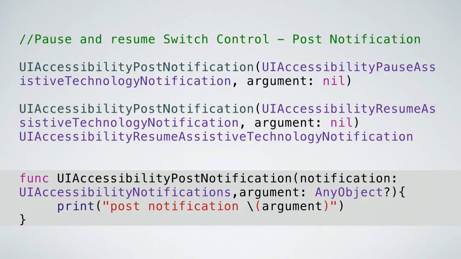To show you, here I pause and resume the operation temporarily with assistive technology notification, and I listen to it with this function provided, that is UIAccessibility.post(notification:argument:), where the argument is the notification you want to listen to, and the argument you pass is nil unless this notification specifies otherwise. You can interrupt at any time.